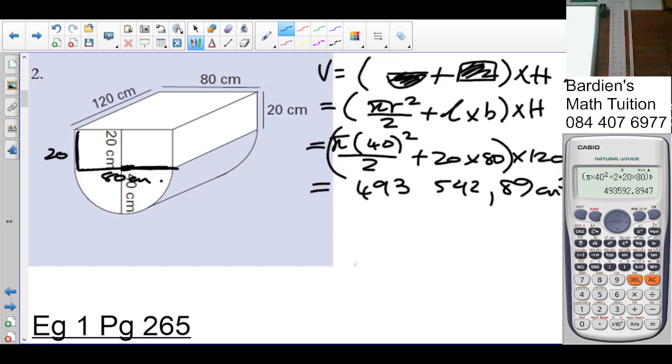Okay. You all agree with that? Any confusion here? Any confusion?